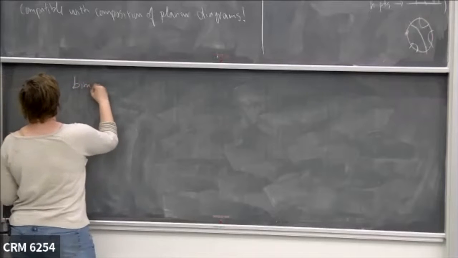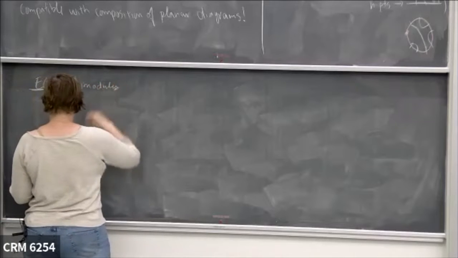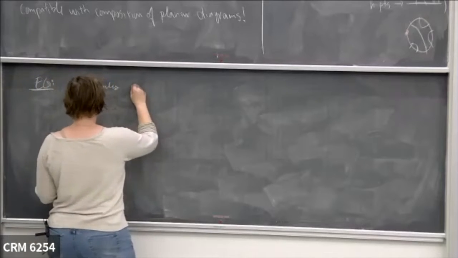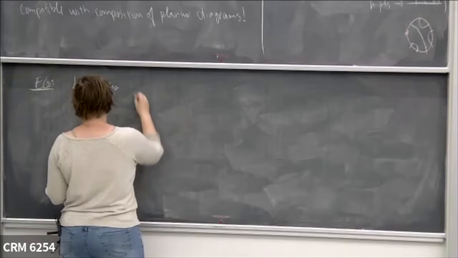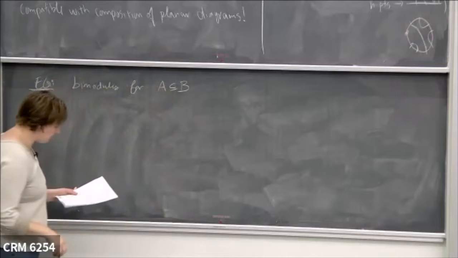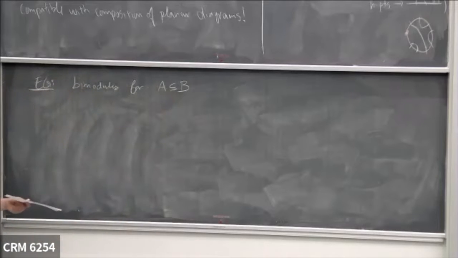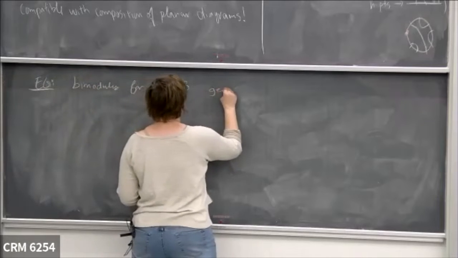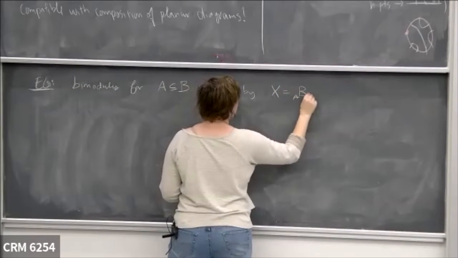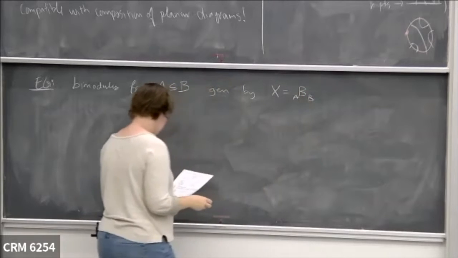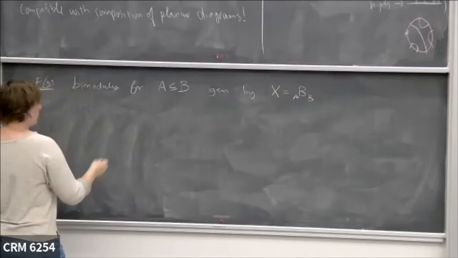So let's say we have one of these categories. I guess I've erased them by now. Bimodules for A contained in B. Okay. Now, remember this was generated by, we abbreviate B as an A-B bimodule by X. Okay.